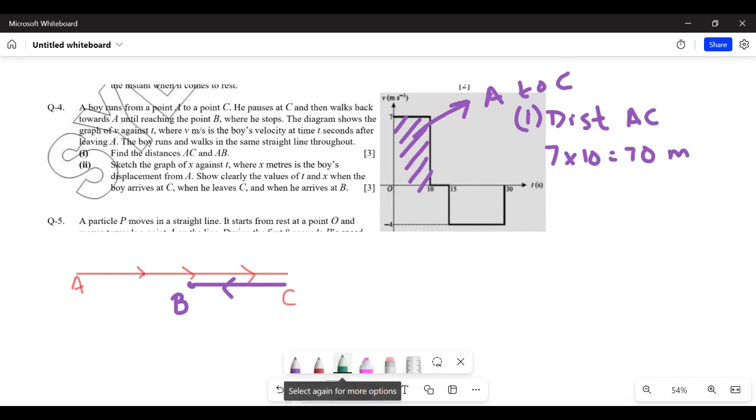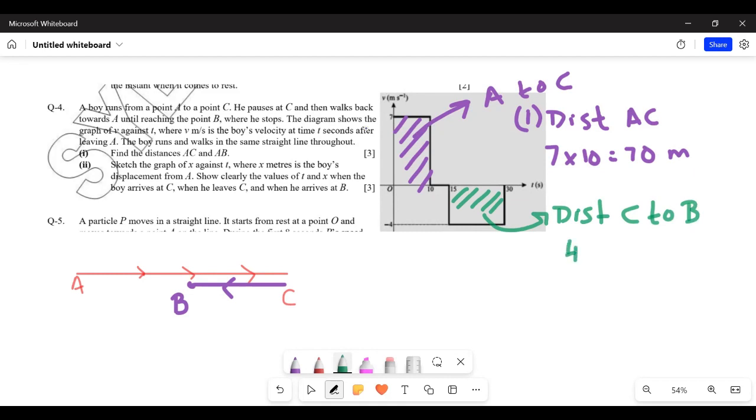The second part of the journey is the distance from C to B after the wait period. So this is the distance between C and B. Let's find that out as well. So this would be 4 times 15, which is 60.